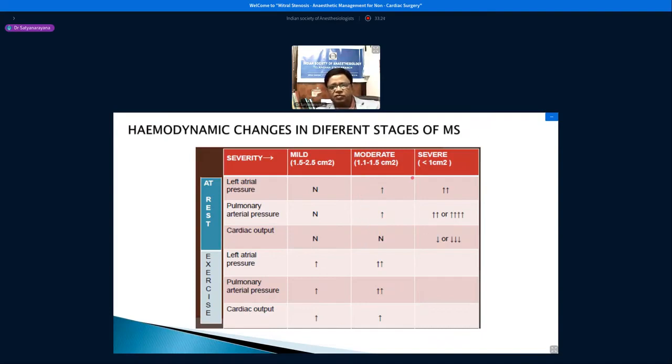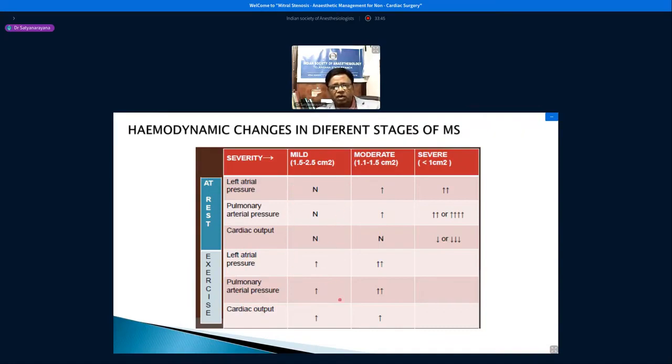But when it comes to the severe stage, less than 1 square centimeter, there is an enormous increase in the left atrial pressure and more increase in the pulmonary arterial pressure. Here you can see that cardiac output decreases. But when this patient is exposed to exercise, let us see what is happening. Left atrial pressure and pulmonary pressure increase, and cardiac output increases or is maintained even in mild cases.